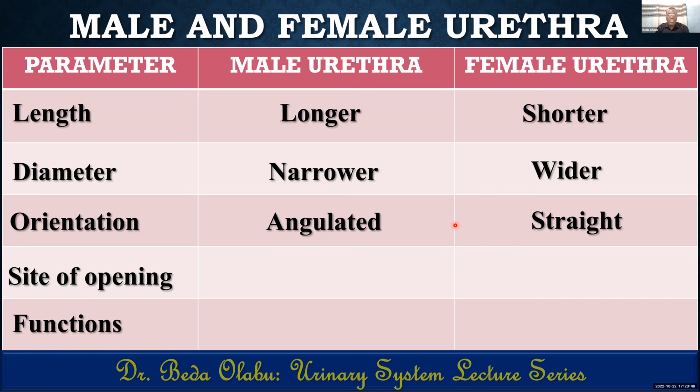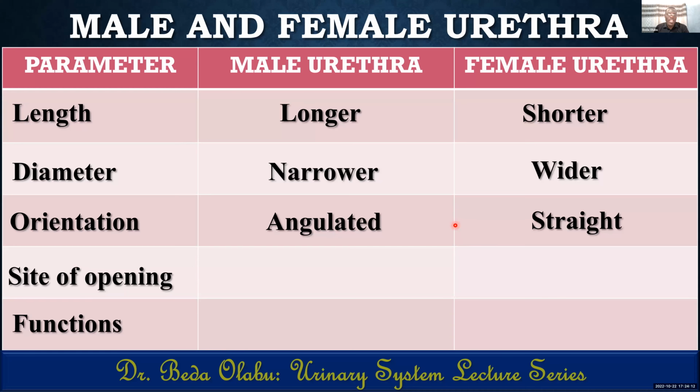Now you might be tempted to say, if the penis is erect, then the male urethra will be straight, but that's still not true. Remember the two angulations. The angulation at the membranous urethra is constant, whether the penis is erect or not. The only angulation that changes is the angulation between the bulbar and the penile urethra. That's the one that changes.